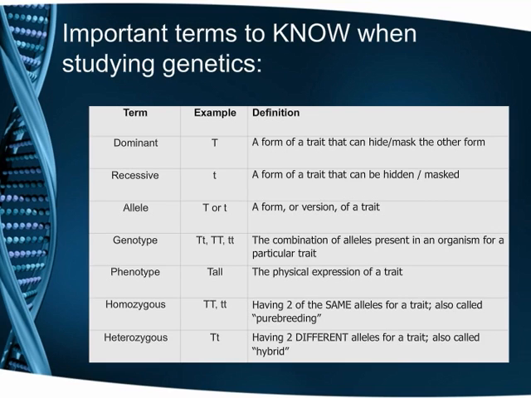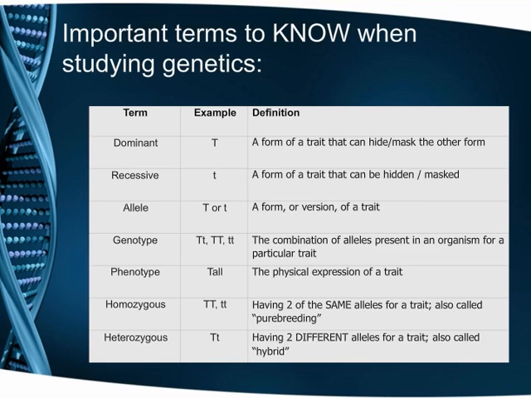So using the letter T, an individual might have a big T and a little t, or a big T and another big T, or a little t and another little t. The phenotype is the physical expression of the trait.